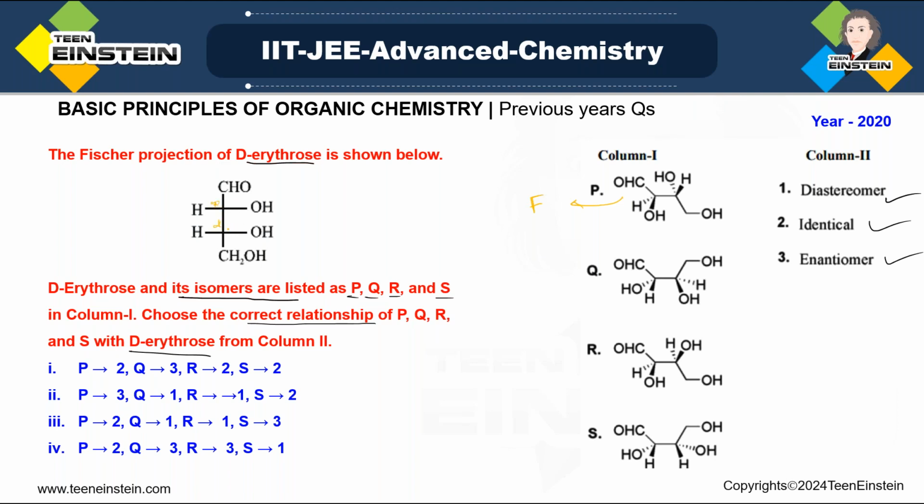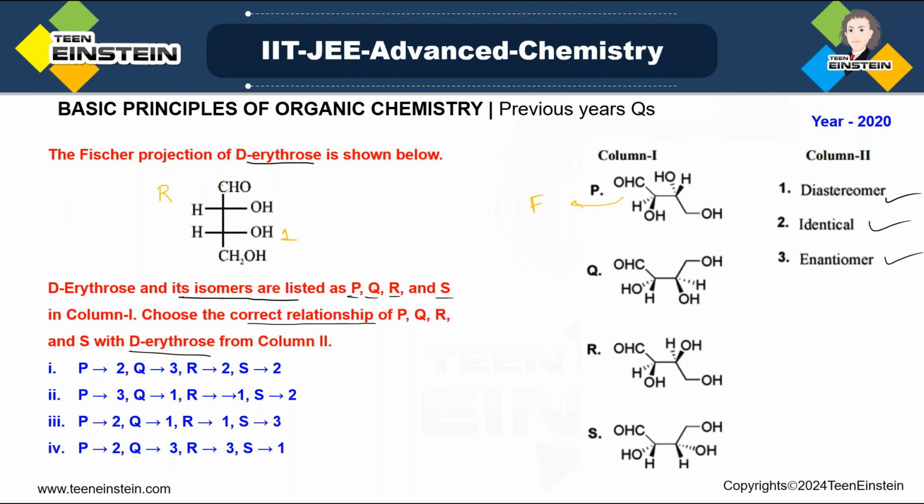So for the first carbon, where CHO is attached, this will be number 1 priority, this will be number 2 priority, hydrogen is obviously lowest, and this total group will be number 3 priority. When you are moving from 1 to 2 to 3, it is anti-clockwise, that means it is R. And the same way, let me erase all this because I will now decide for the second chiral center.